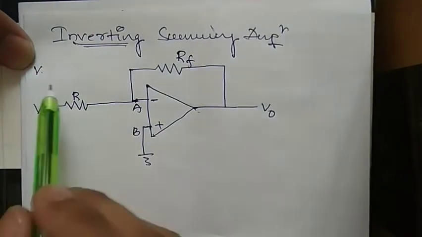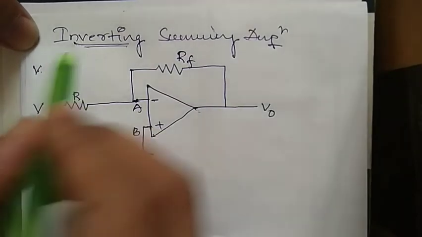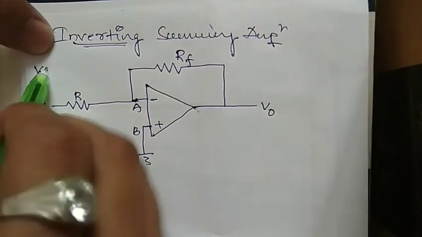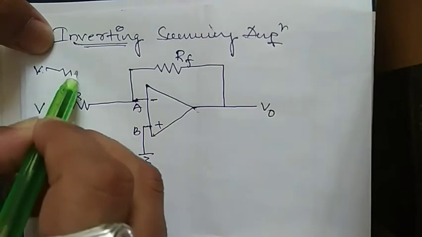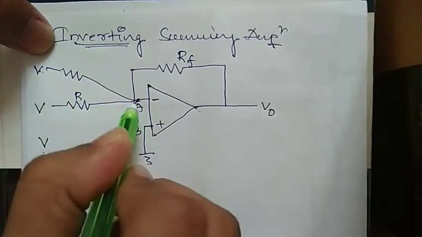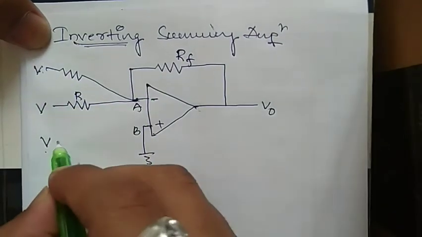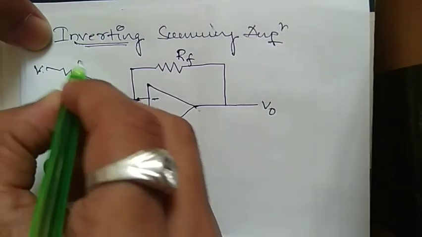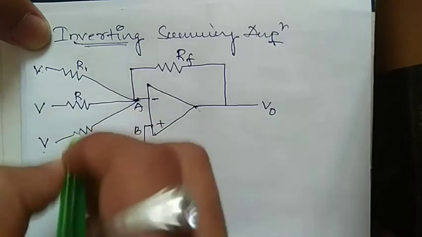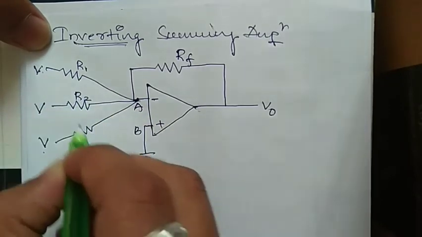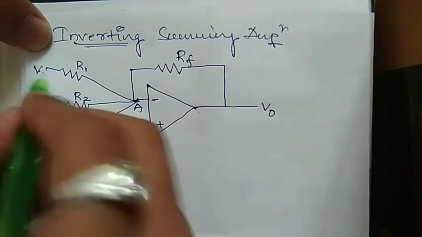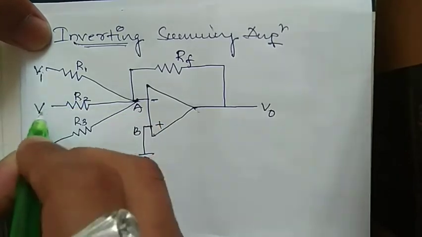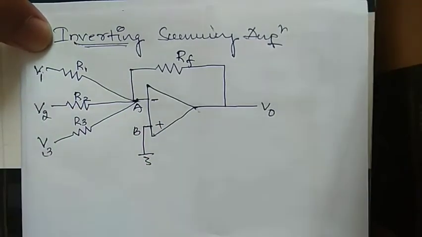That means you have to add 3 voltages. For example, let me consider another resistor that is connected to the same inverting terminal, and the next one to the same inverting terminal. Let me differentiate all the resistances as R1, R2, R3. So similarly the voltages V1, V2, V3, right?